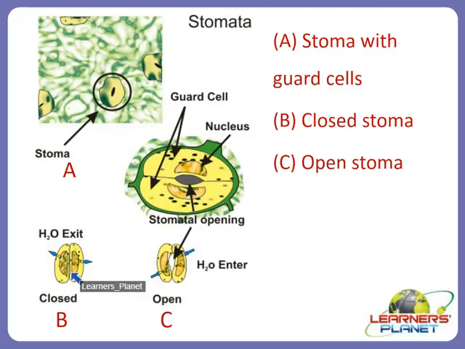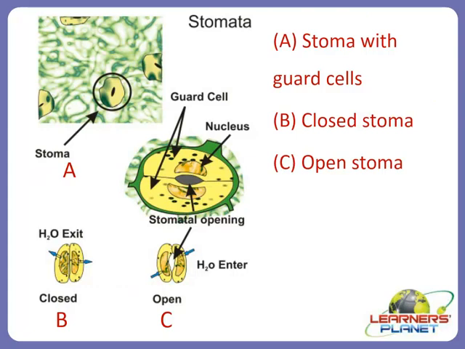And this allows the carbon dioxide also to enter the cells of the leaf, right? And when it gets closed, meaning when there is not enough light and water, what happens? The guard cells will shrink, and thus they will close the stoma. And now this will allow the water to exit out of the stoma.